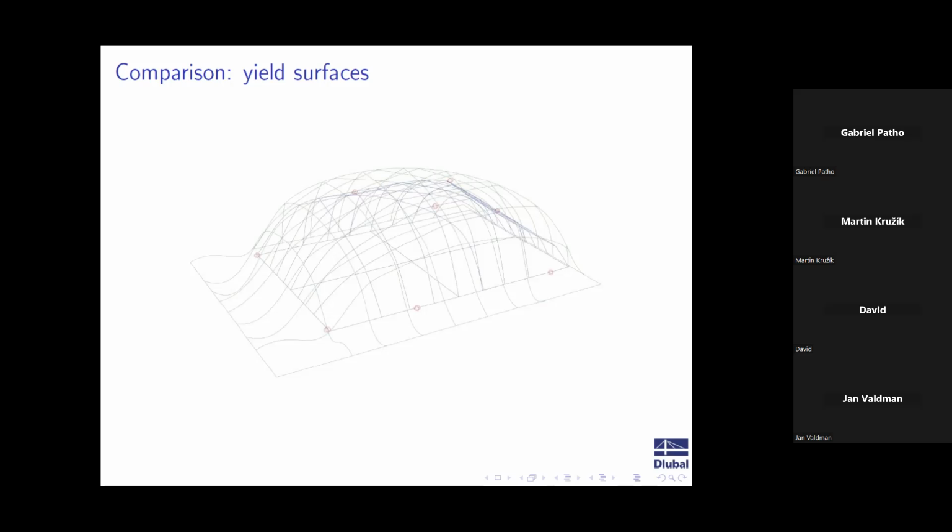As you can see, I think these data points are from actual test data published by Ganz and Türlemann. So, of course, Ganz's model fits really nice with his own experiments.